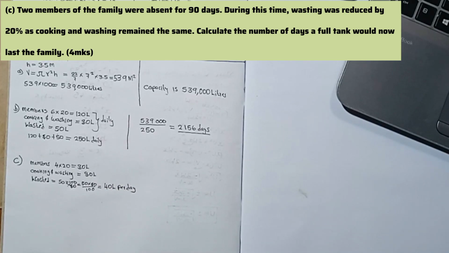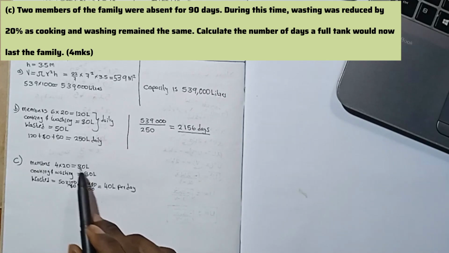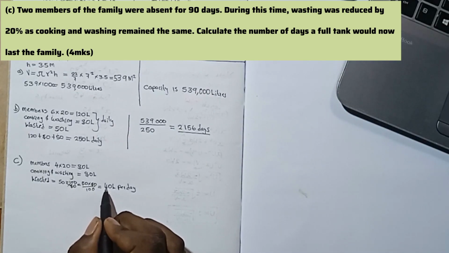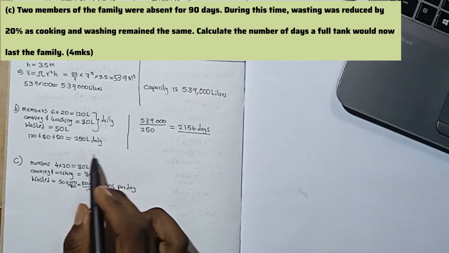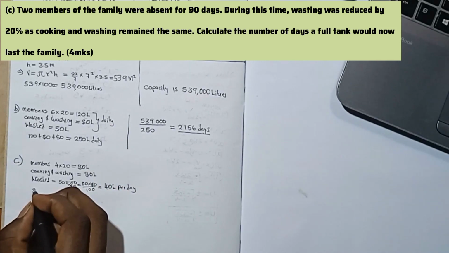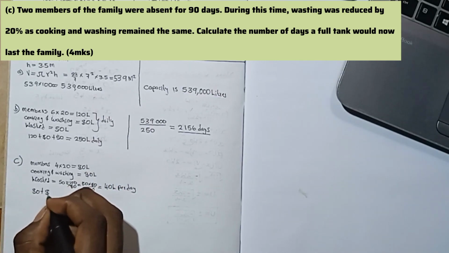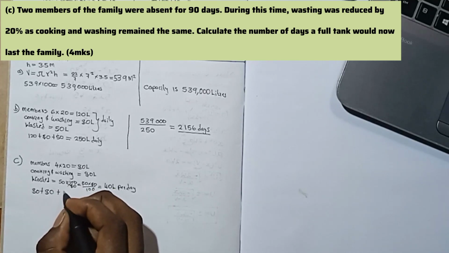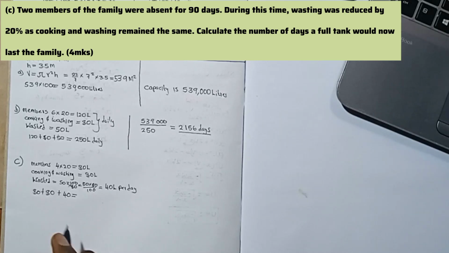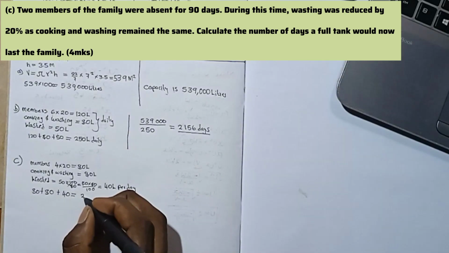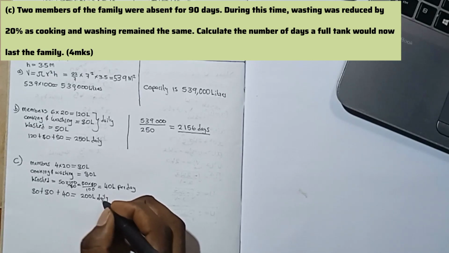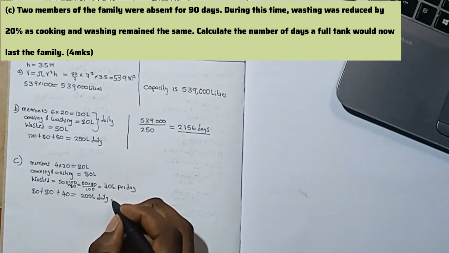So for the first 90 days, this is how the family was using water. In order to get the total per day, it is 80 plus 80 plus another 40, which is equal to 200 liters daily for the first 90 days.